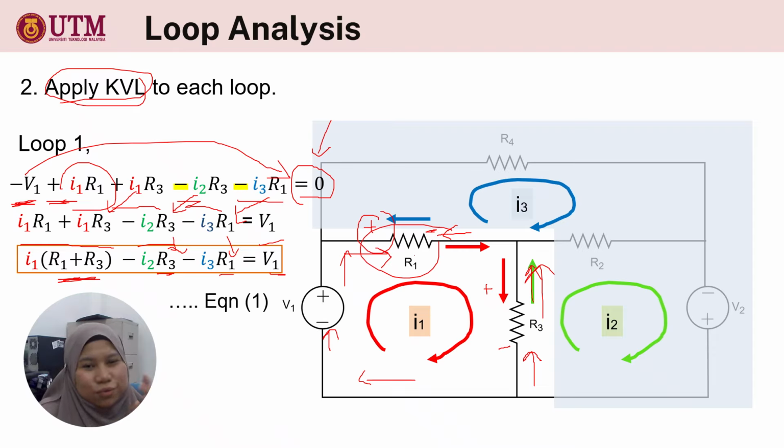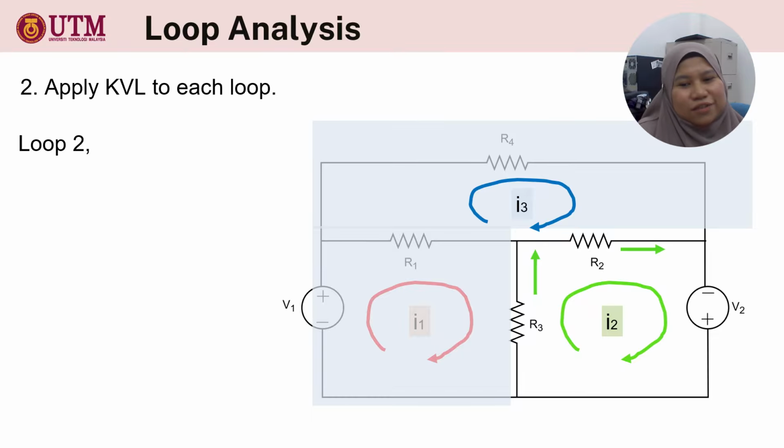We have 2 more equations to do because there are 3 loops. 3 loops mean 3 equations, 4 loops mean 4 equations. The more the loops, the more equations. Now we go to the second loop, loop number 2. Also the same, we set the current direction, flowing like this.